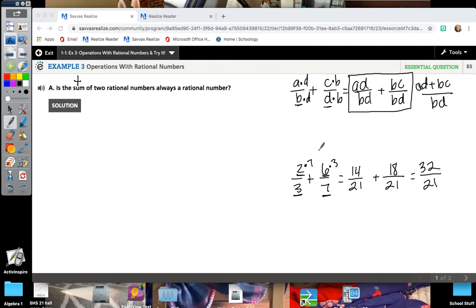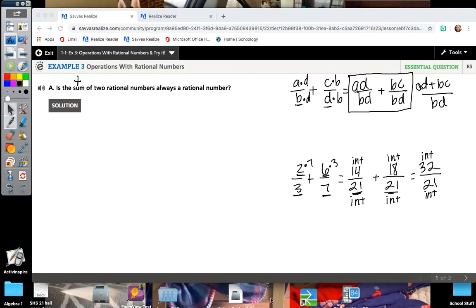When we change the denominator, 21, that 3 times 7, 21 is still an integer. When we had to multiply to get the top number, 14 and 18 still stayed integers. Even when we added it all together, we still had 32 on top, which is an integer, and 21 on the bottom, which is an integer.